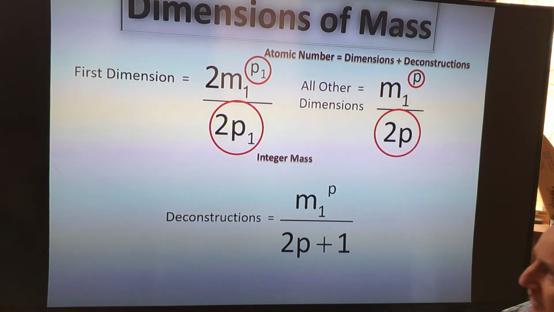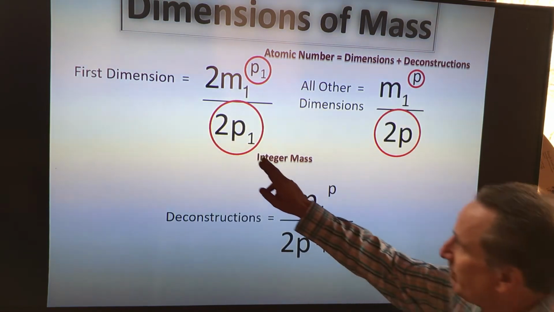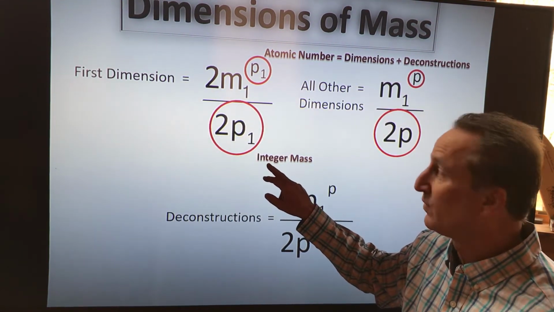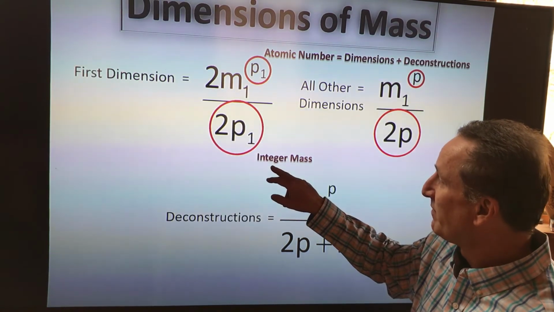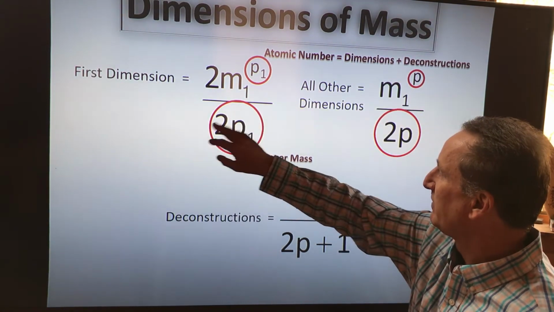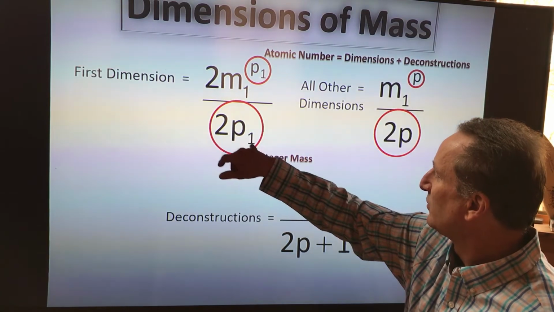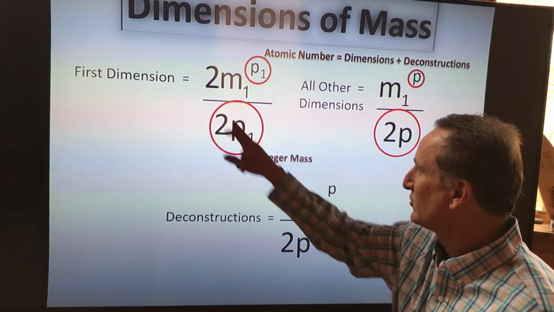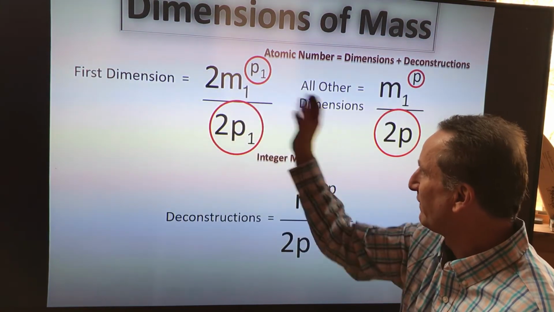So then, when we talk about the periodic table, the part that's in the denominator is just the integer mass. So for the first mass, with the mass of 1, that would be 2, and then that 2 cancels out, so it's just 1 for the first mass.